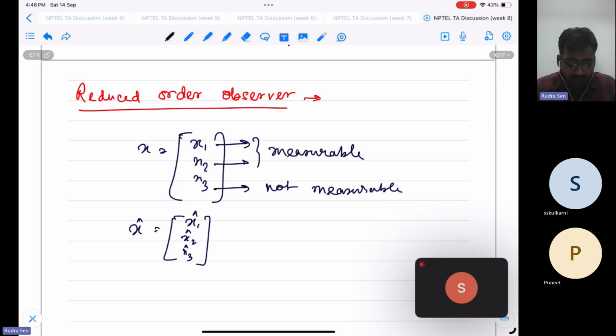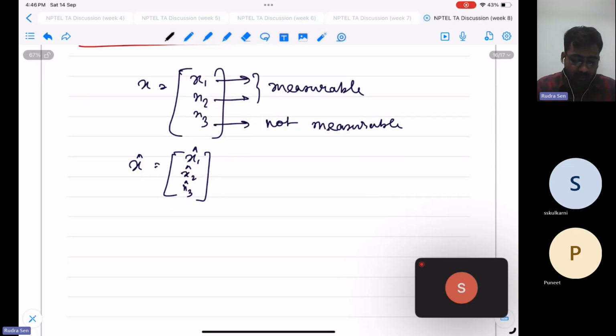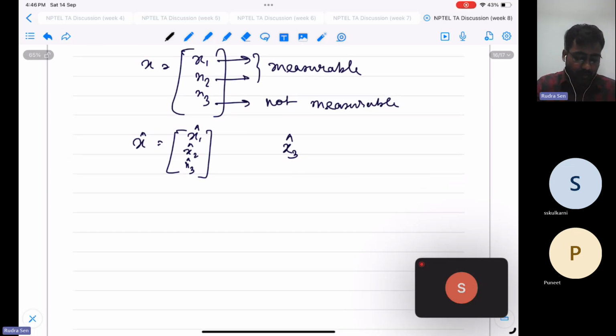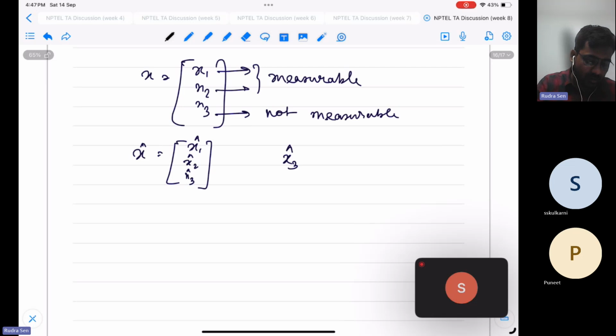So what is the requirement? The reduced order observer says that I am not going to estimate x1 and x2, because they are already measurable. I am just going to estimate x3 hat. Forget about x1 and x2 and estimate only x3 hat.